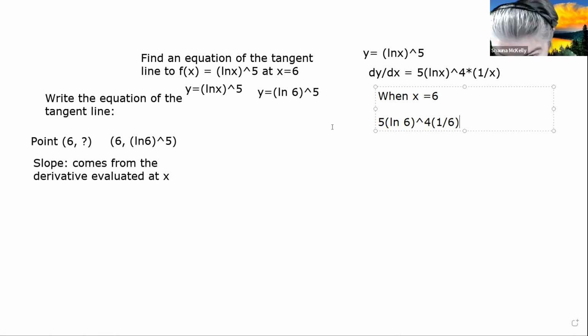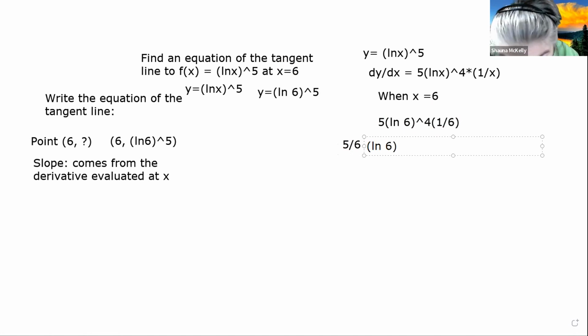Now I can clean this up a bit. I can't clean this up as far as I initially told you, and I'll give you a hint why in a second. This is 5/6, because I'm multiplying this 5 by this 1/6, 5/6, and then I'm going to have to write parenthesis ln 6 to the 4th power.